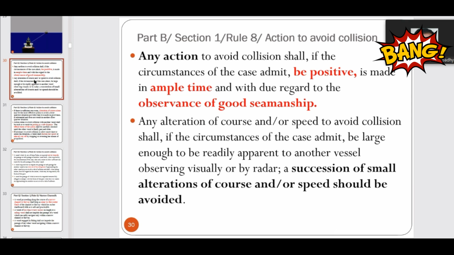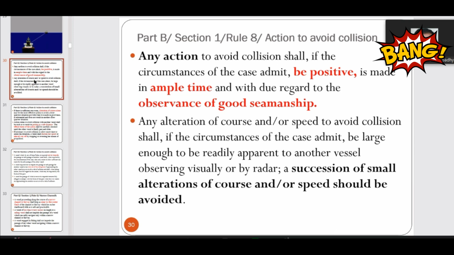All these three together, keeping it in mind, the actions should be like that. That's how it should be explained, and that's why this is highlighted. Is it clear? Yes, sir. Second paragraph.